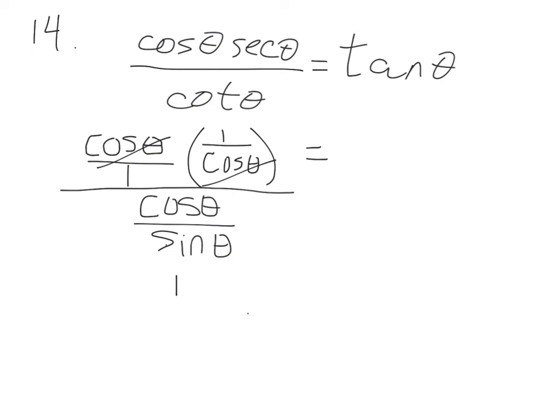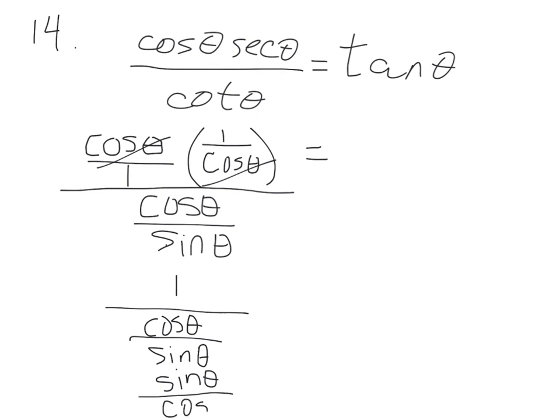So that leaves me with 1, and I have 1 over cosine over sine, which is the same as multiplying by its reciprocal, 1 by the reciprocal of that denominator. And that gives us that. I will do this one more time in a little different fashion.